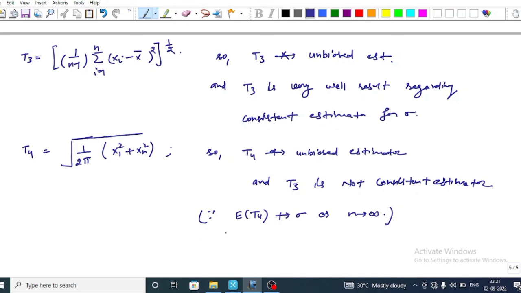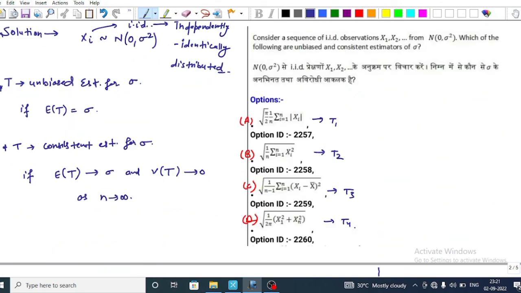Now from this explanation we can say that option A is correct, option B incorrect, option C incorrect, and option D incorrect.